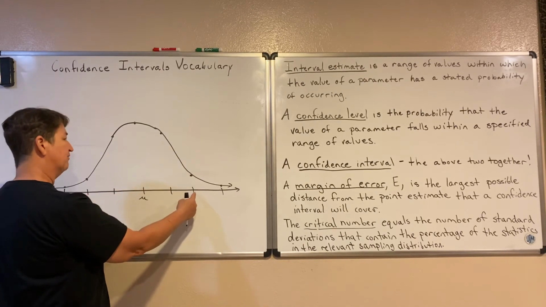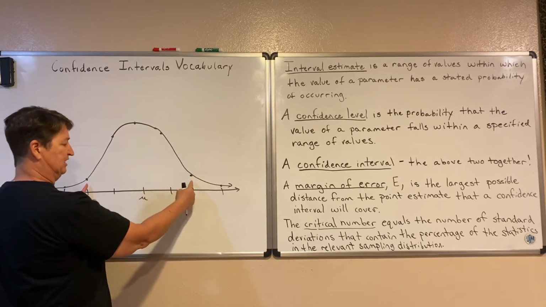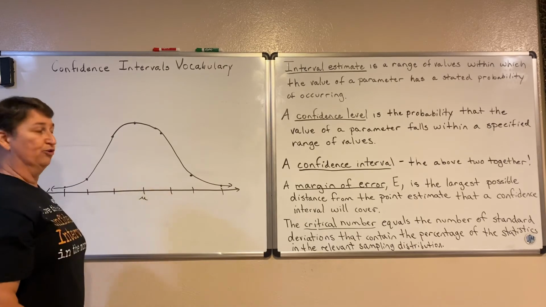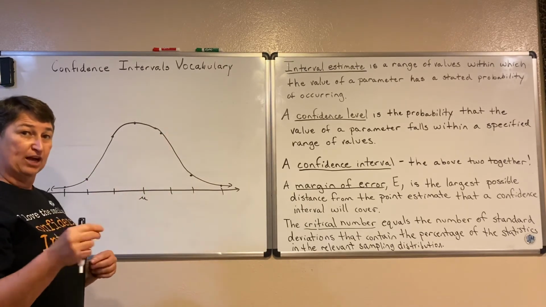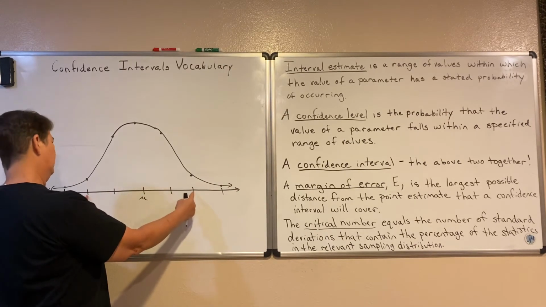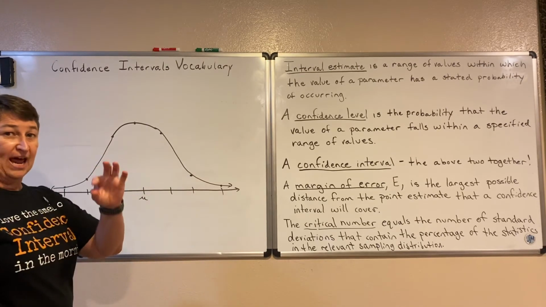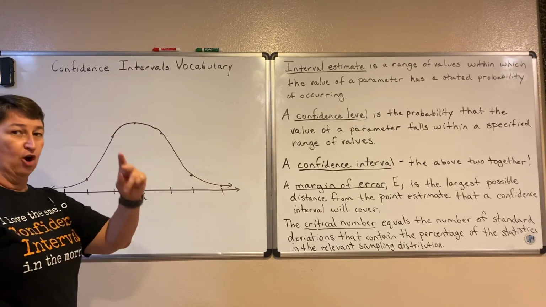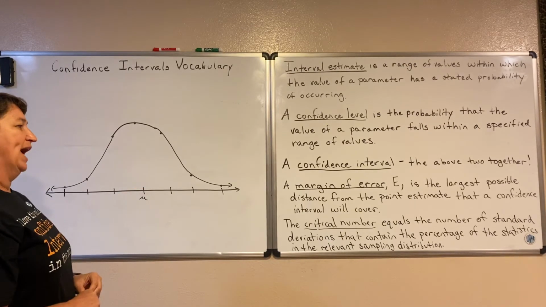The probability it falls in this interval estimate is 95% by the empirical rule. Now when I put those together and say with a 95% confidence level the parameter is going to fall within this range, that's a confidence interval. It's got to have that confidence level and also the interval, the range that we have.